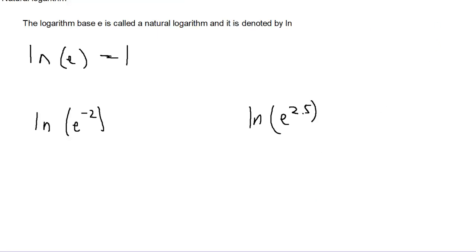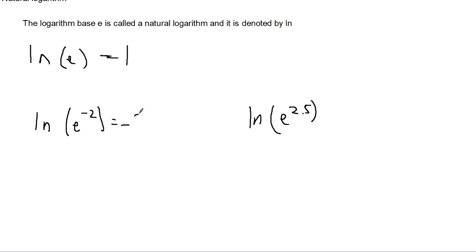So, oh yeah, natural logarithms. Last lesson I already told you something that's natural normally has something to do with e. So, natural logarithm is log base e, and it's normally denoted by ln. So ln of e is equal to 1. What about ln of e to the negative 2?